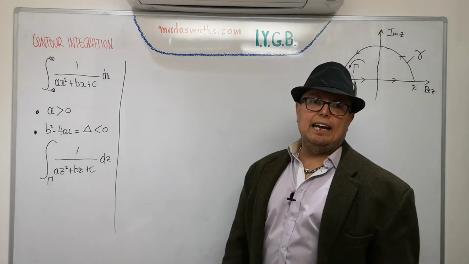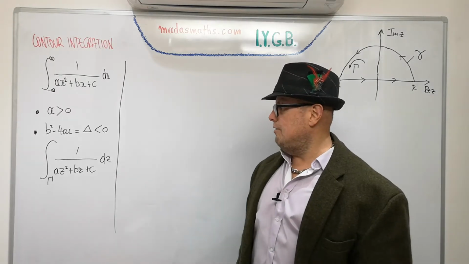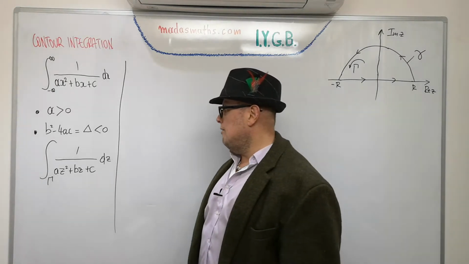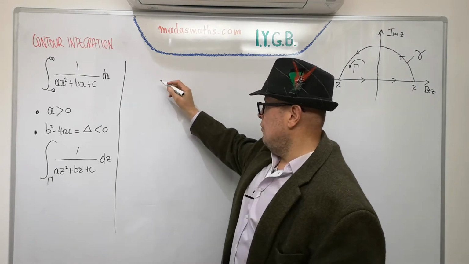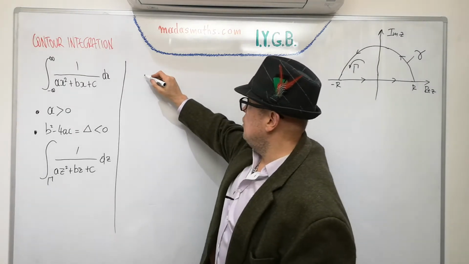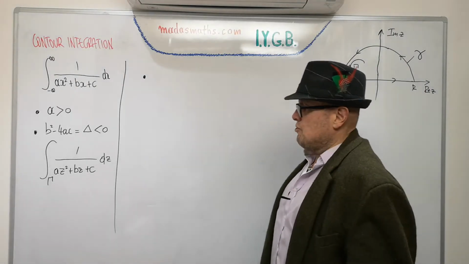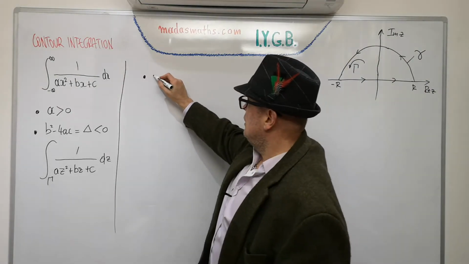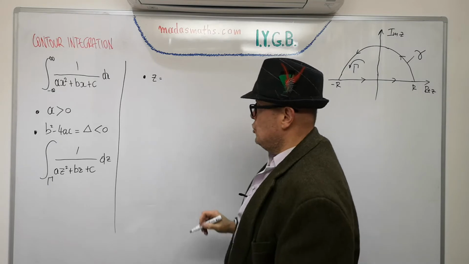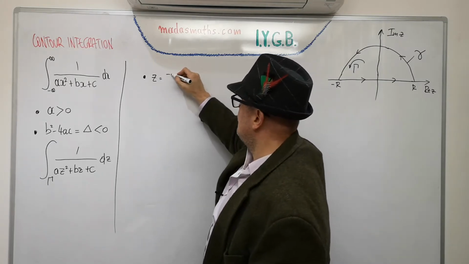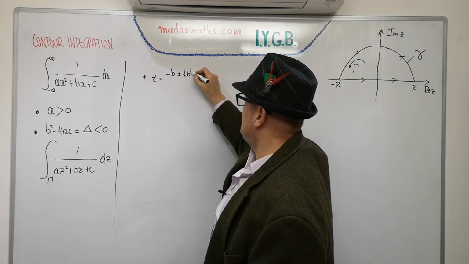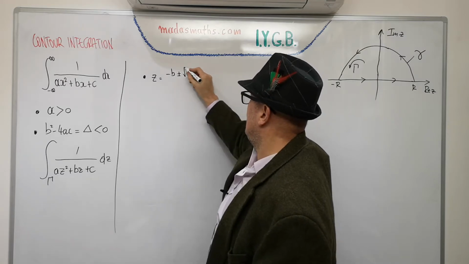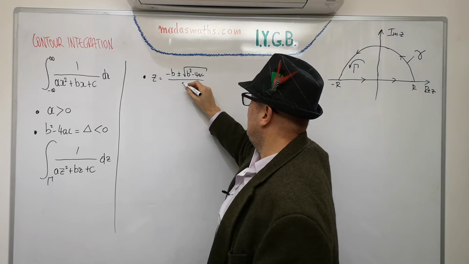It's a quadratic. Because it has a negative discriminant, it's going to have complex answers. So let's solve this particular equation using the quadratic formula, of course. So z is equal to minus b plus or minus the square root of b squared minus 4ac, the whole thing over 2a.